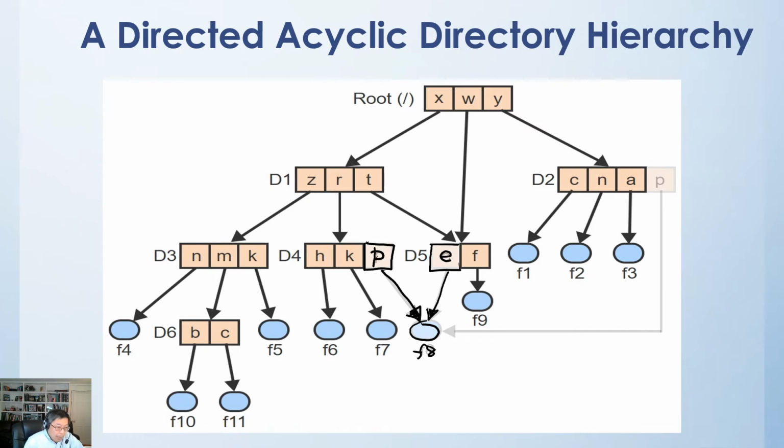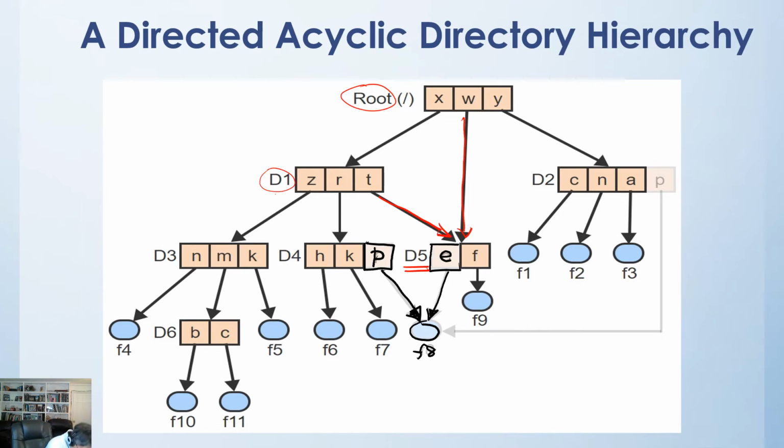Now in this example, the directory D5 has 2 parents. Okay, one is D1, right? D5 has a parent D1, and the other one is the root, because you have 2 arrows pointing to D5. One is pointed to from D1, the other one is pointed to by root. So directory D5 has 2 parents, D1 and the root.